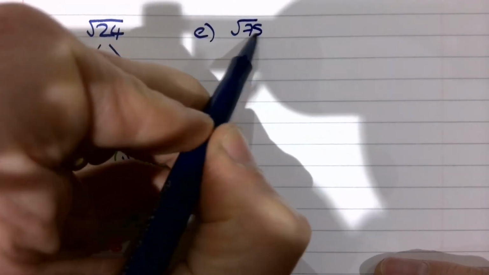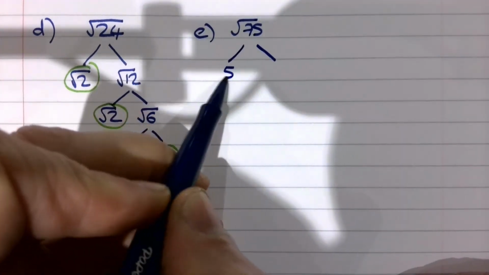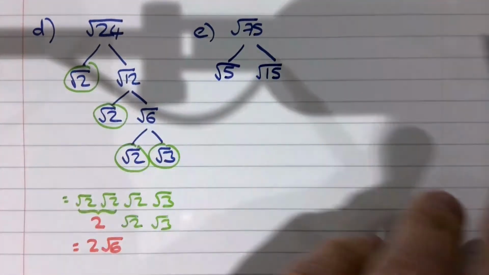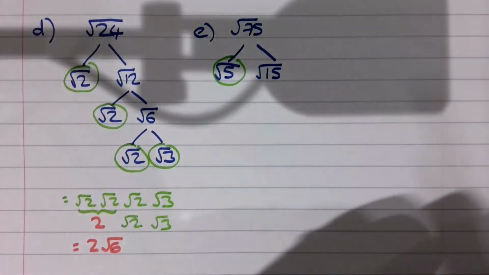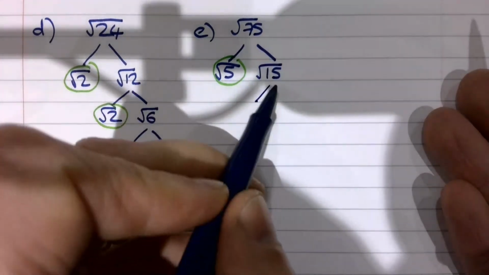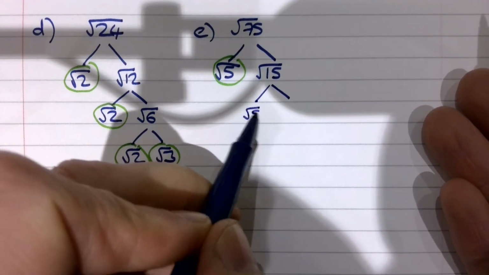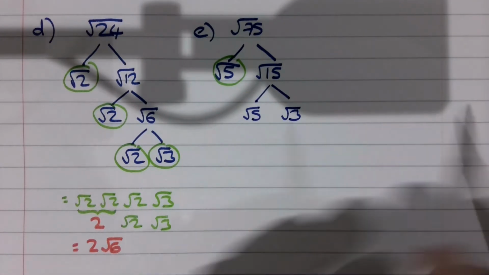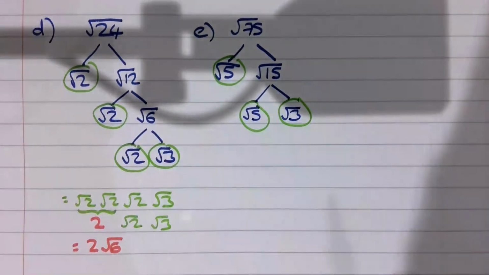And let's have a look at another one then. So E, the square root of 75. I'm going to smash that up into 5, and it's going to be 15, isn't it? So square root of 5, square root of 15, and 5 is prime, 15 isn't. So I'm going to break that up into root 5, root 3. So 3 times 5 is 15, that's good. And both of those are prime, so our tree's finished.